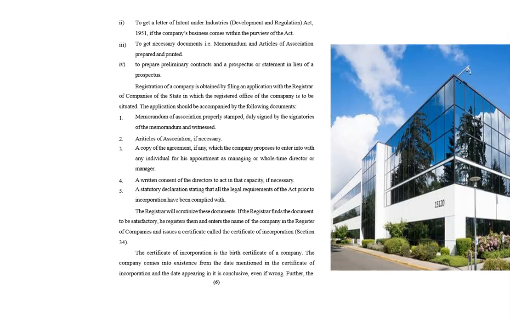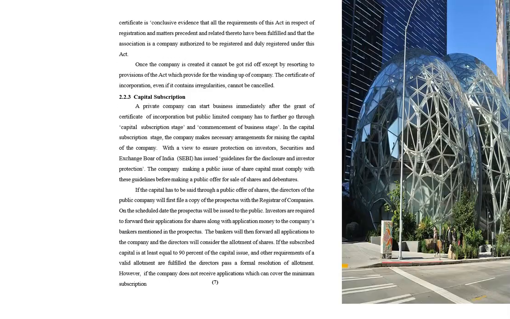So we have the memorandum of association properly stamped, duly signed by the signatories of the memorandum with witness, articles of association if necessary, a copy of the agreement if any, a written consent of the directors to act in that capacity if necessary, and a statutory declaration stating that all legal requirements prior to incorporation have been complied with. So just basic features we are discussing. We are not discussing each and every point here, right?